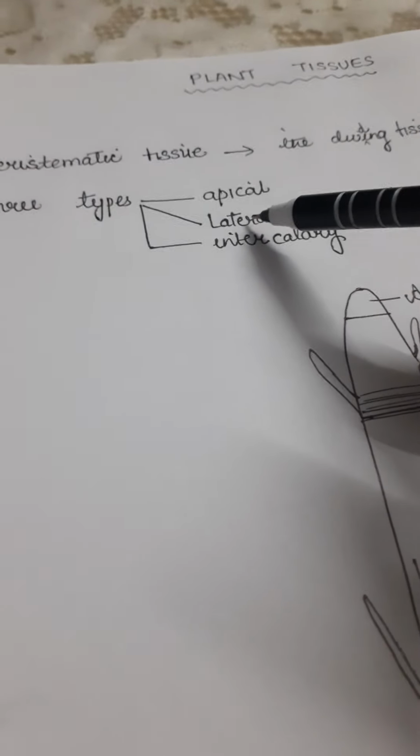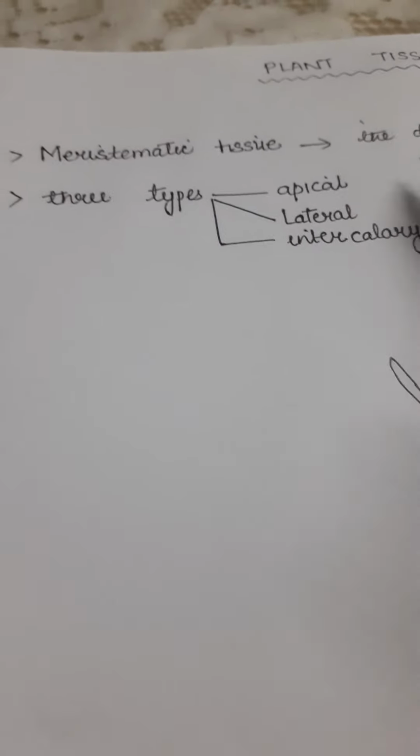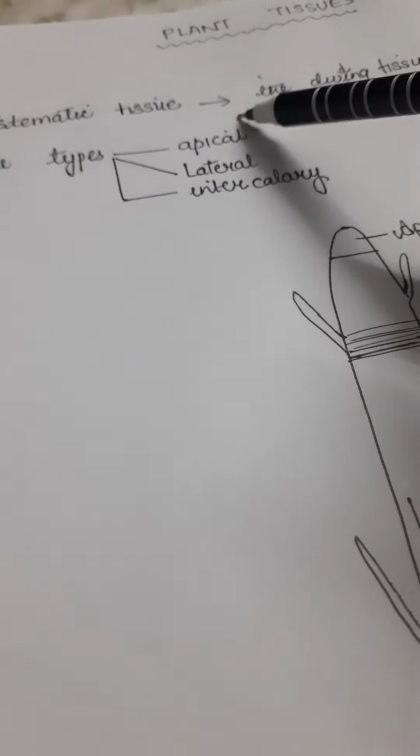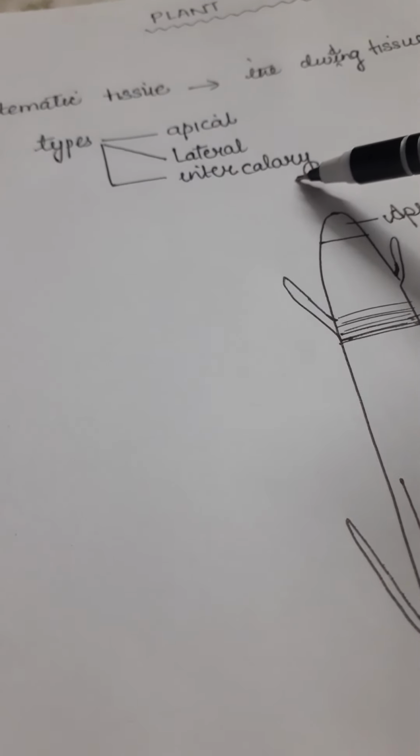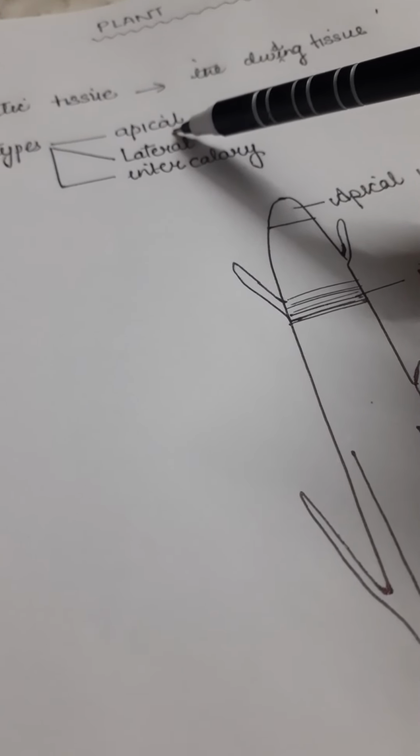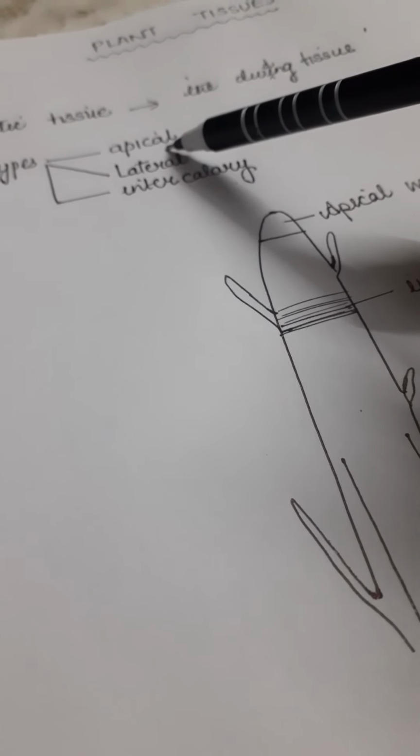Now, meristematic tissue, which is also called the dividing tissue, is of 3 types: apical, lateral and intercalary. Apical meristem you have already seen, you have experimented with it yourself, and the tip of the root of the onion contained apical meristem. In the same way, the tip of the shoot of any plant will also have apical meristem.